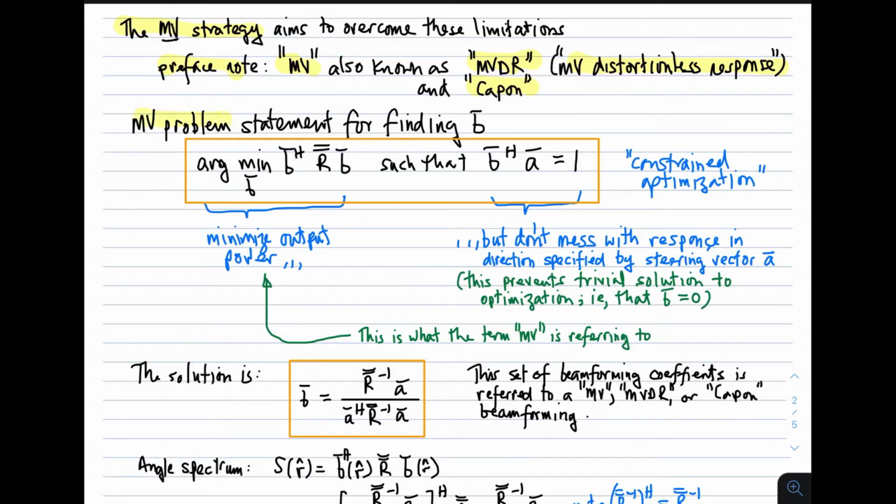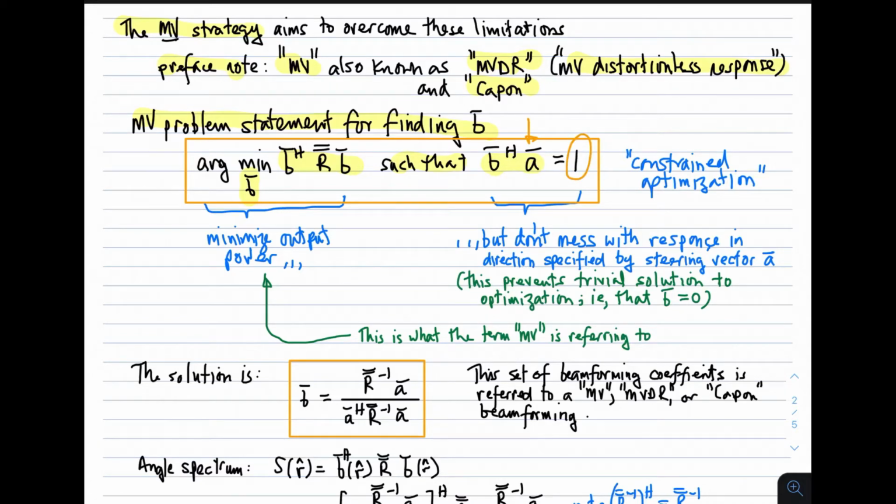The MV problem statement for finding the beamformer vector is the following. We are looking for the beamformer vector which minimizes the angle spectrum, and we want to do that such that the beamformer output in a specified direction, namely the direction specified by the steering vector, is 1.